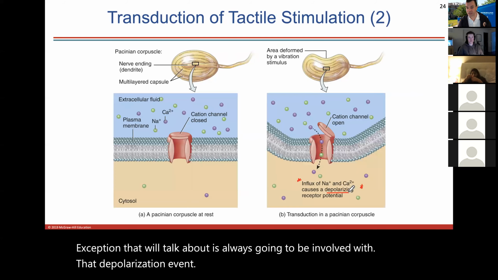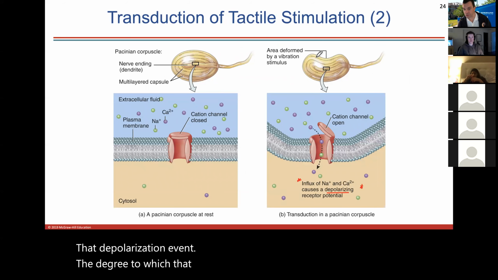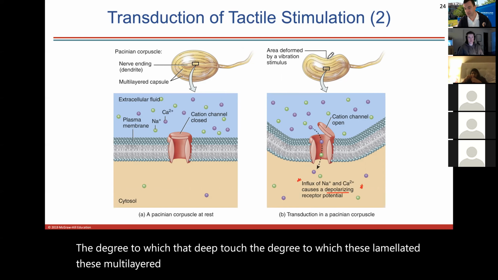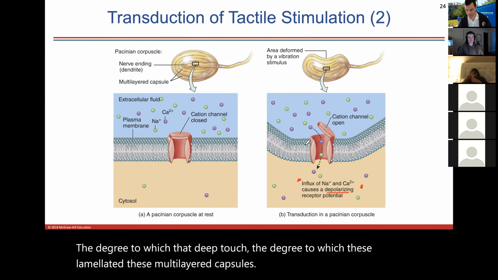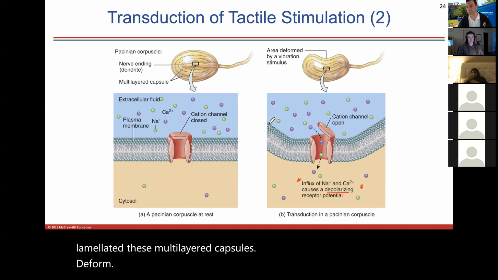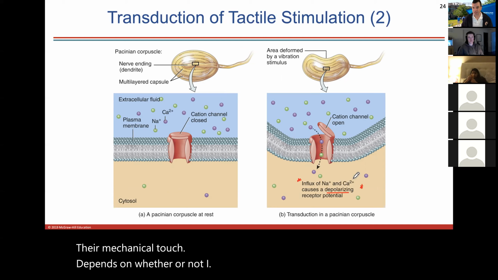The degree to which these lamellated, multi-layered capsules deform through mechanical touch depends on whether or not I stimulate that receptor potential, that generator potential.